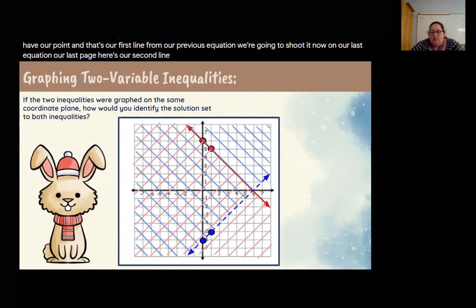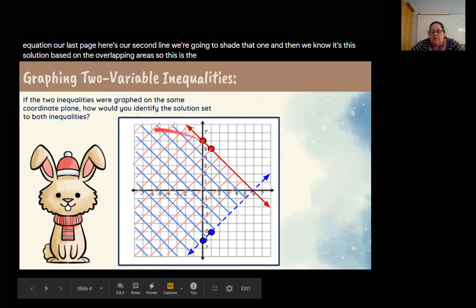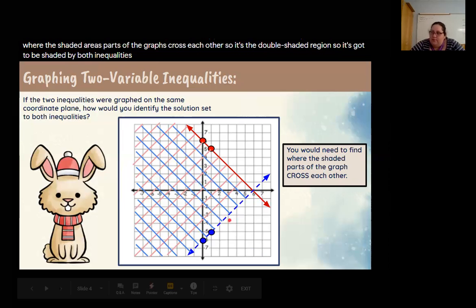We're going to shade that one. And then we know it's the solution based on the overlapping areas. So this is the only part of the solution set. You need to find where the shaded parts of the graphs cross each other. So it's the double shaded region. It's got to be shaded by both inequalities.